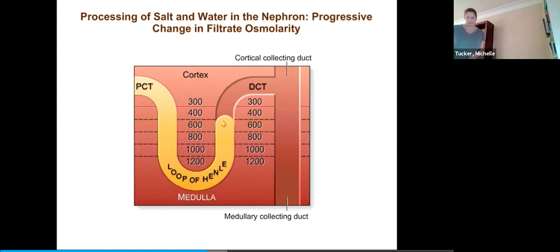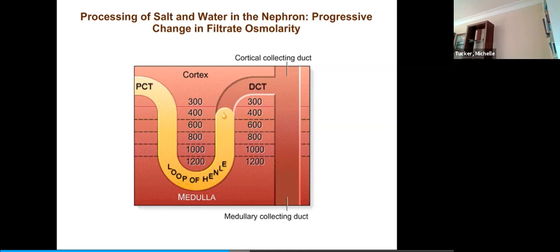The cells of the thick segment of the ascending loop of Henle are permeable to solute, but not to water, making them function essentially opposite to the cells of the thin segment of the descending loop. As the concentrated filtrate flows up the ascending loop, the cells actively transport solutes into the interstitium, causing the osmolarity of the filtrate to fall to less than 300 milliosmoles.